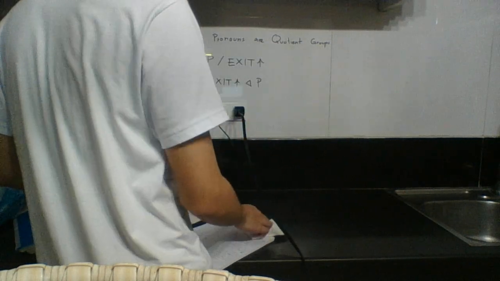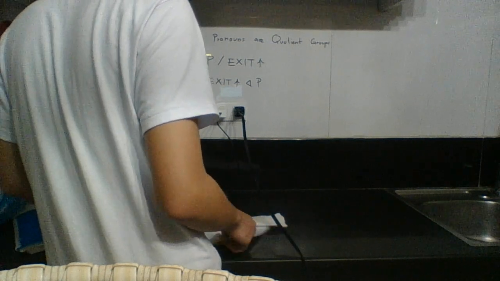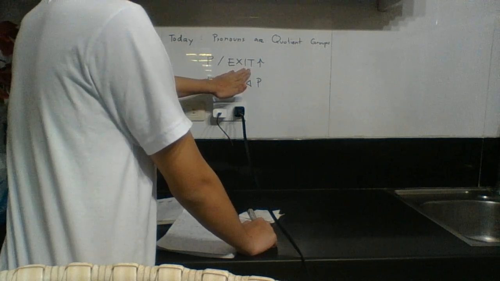Okay, so first things first, say that exit is a normal subgroup of P. In order to even construct a quotient group, the thing we're quotienting by must be a normal subgroup of this set here.